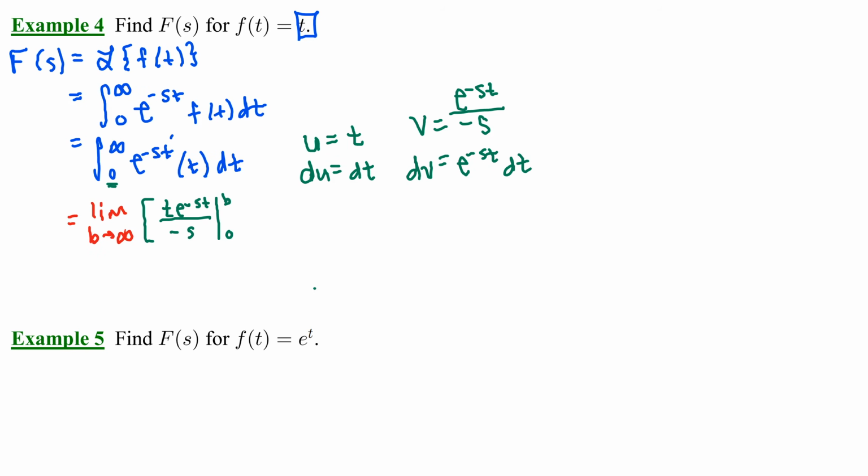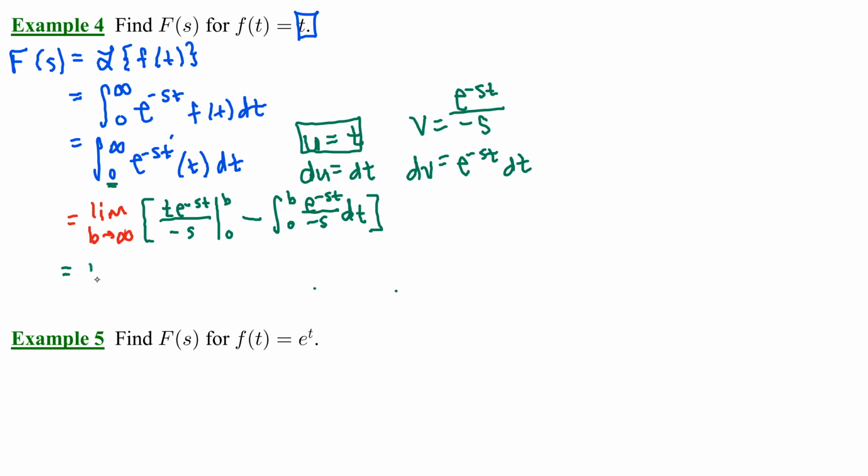And by the way, notice whenever t is equal to 0, u is also equal to 0, so no change there for our lower limit, minus the integral from 0 to b of v du, that's e to the negative st over negative s dt.